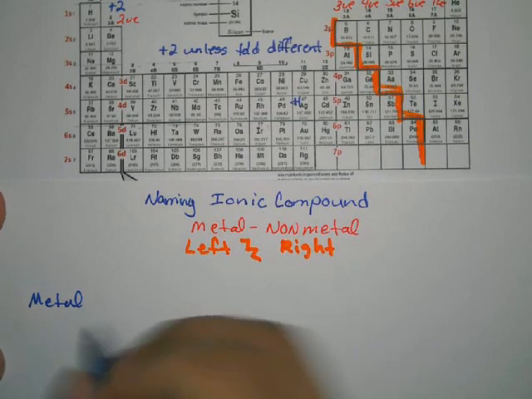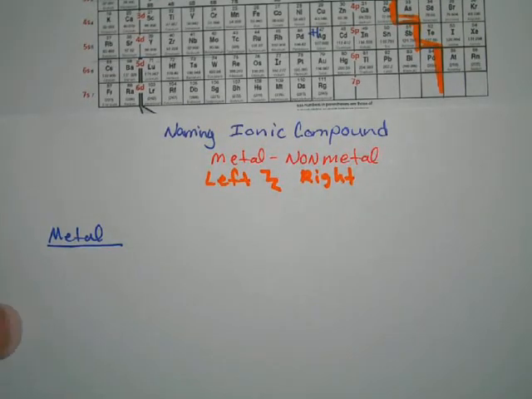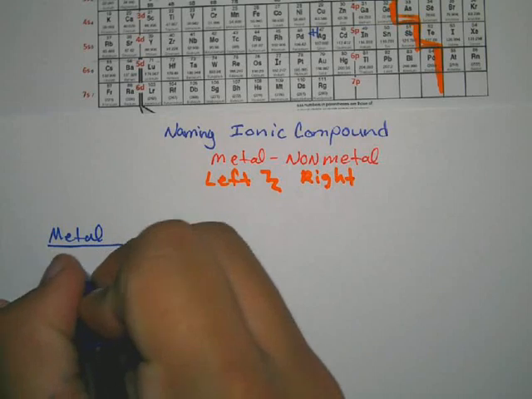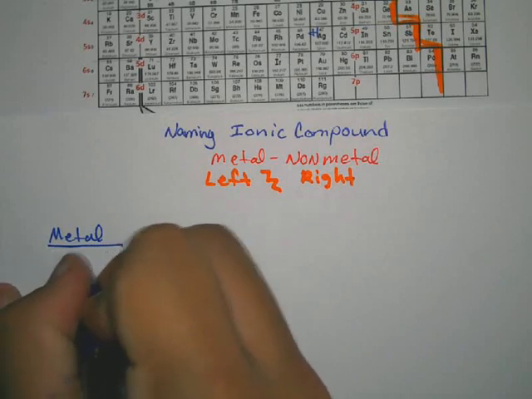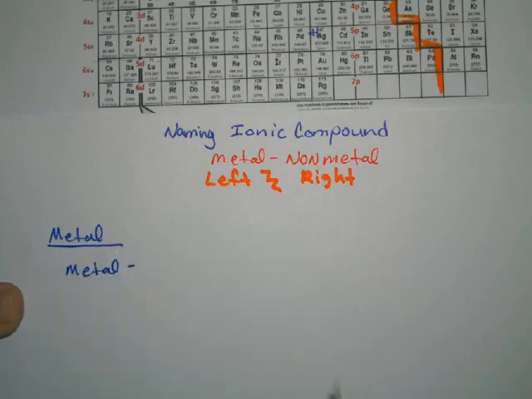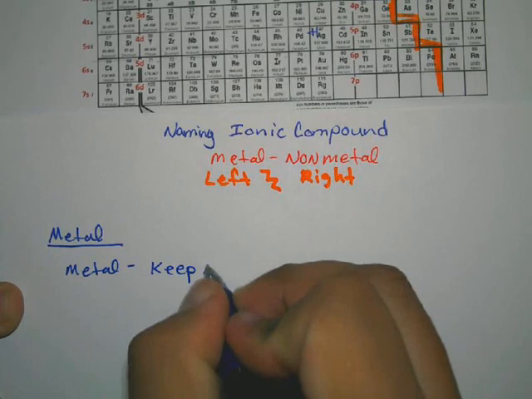Naming the metal part of ionic naming. Now with the metal, it's easy. If it's a regular metal, regular metals always keep their name.